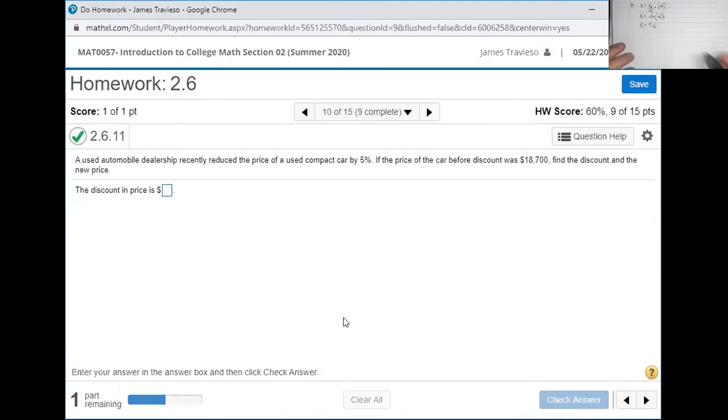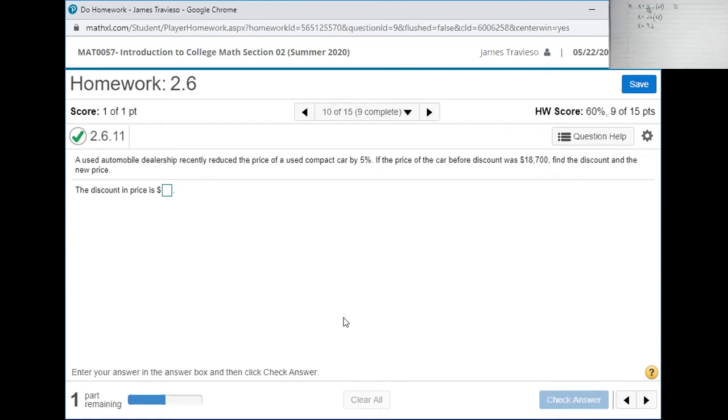It says a used automobile dealership recently reduced the price of a used compact car by 5%. If the price of the car before discount was $18,700, find the discount and the new price.